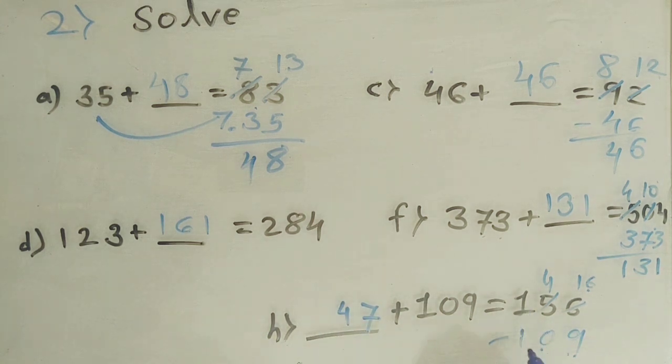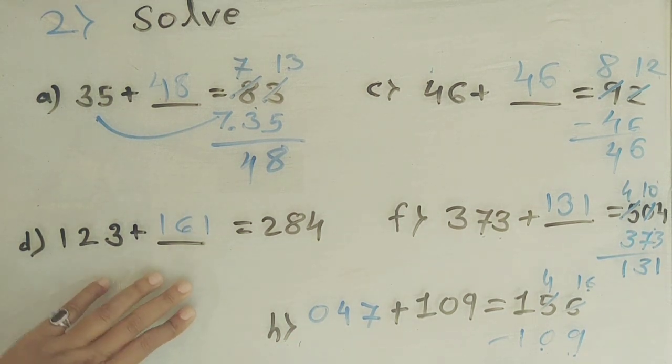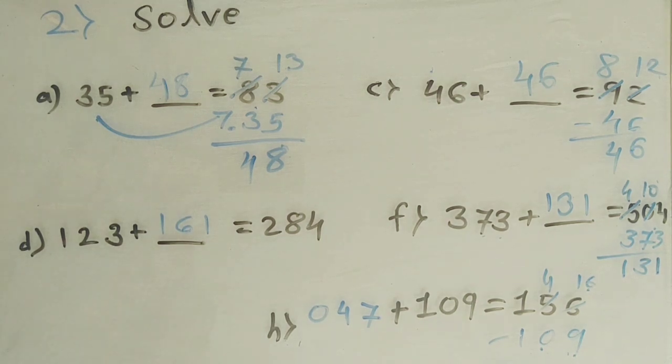And 1 minus 1 is equal to 0. So our answer is 47. Now I hope it's clear to you. Now let's see the next question. Pause the video and write in your notebook, because whenever you revise it, it will help you a lot. And solve the rest of the problems just like this only, okay?